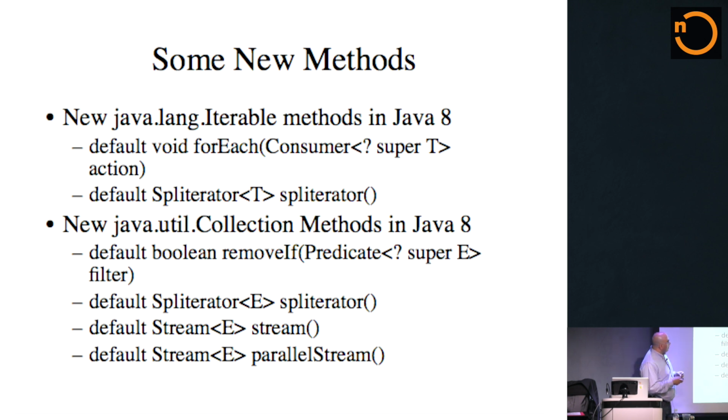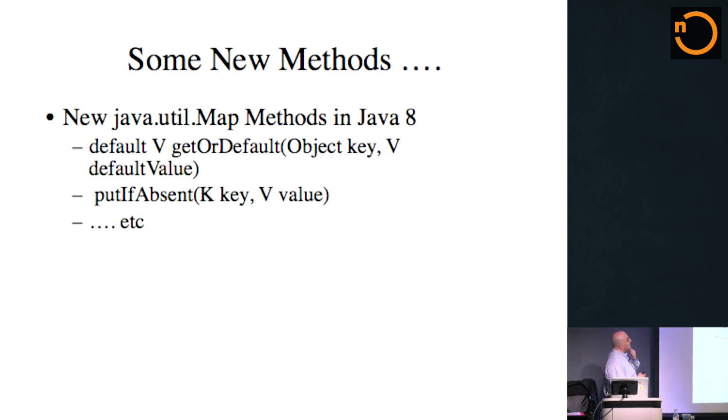Let's just skip here for the sake of time a little bit and look at Map. Who is very happy to see putIfAbsent? Clap for that one. Finally, putIfAbsent, right? Who's written that code a billion times before?